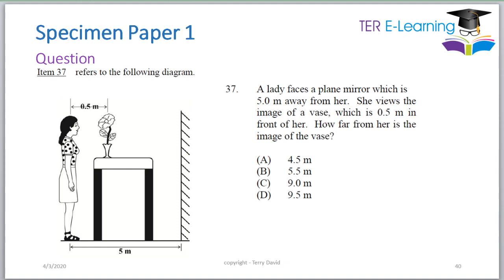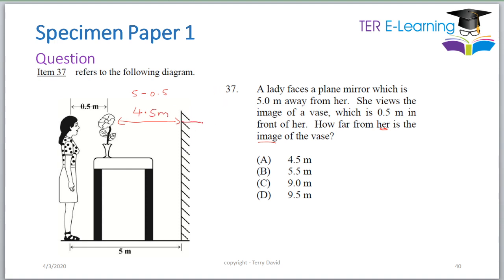Alright, so in this particular question, a lady faces a mirror which is 5 meters away from her. She views the image of the vase, which is 0.5 meters in front of her. How far from her is the image of the vase? So she is 5 meters from the mirror, and the vase is 0.5 meters from her, which means that the distance of the vase from the mirror is going to be 5 minus 0.5, which will give me 4.5 meters, right?